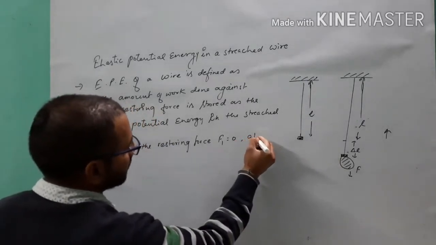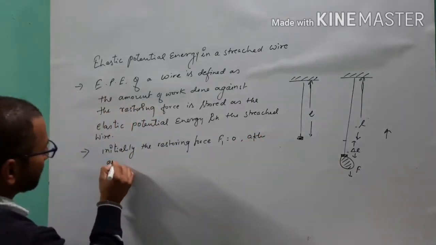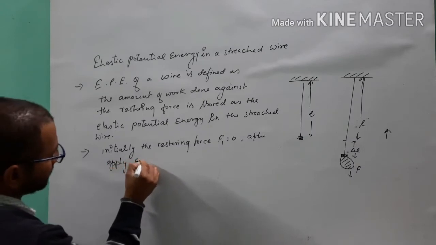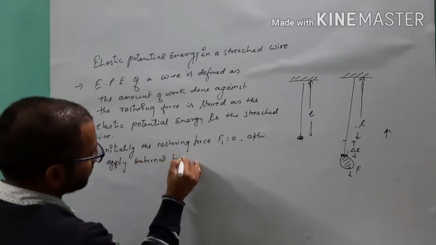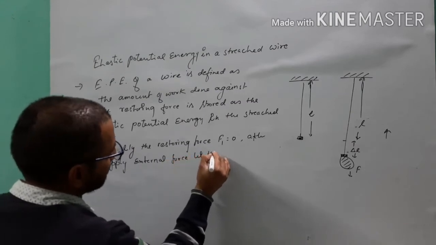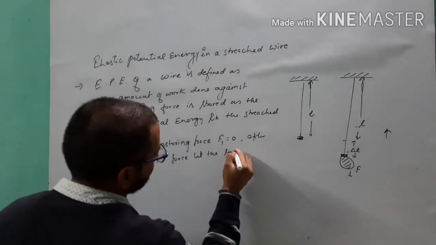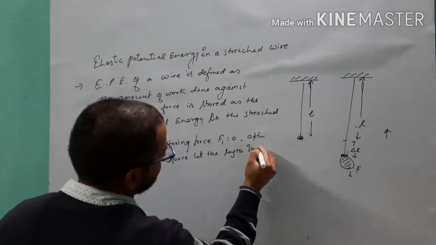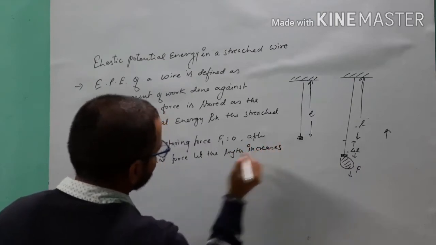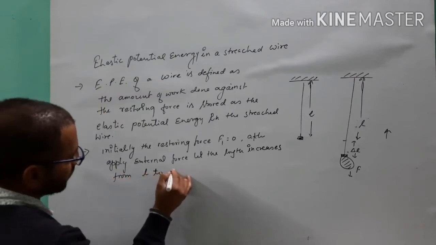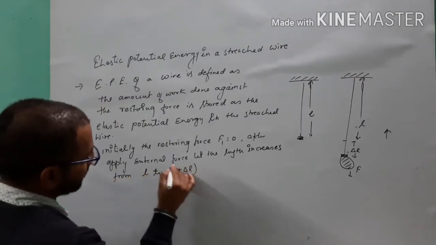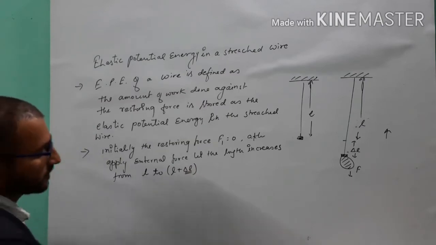After applying an external force or deforming force, let the length of the wire increase from L to L plus delta L, which means delta L length is increased in the given wire.